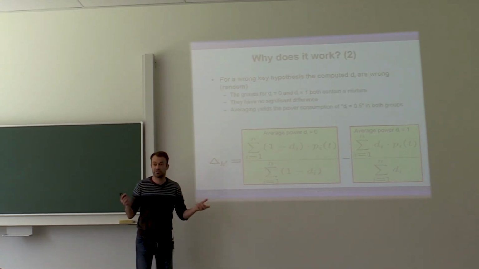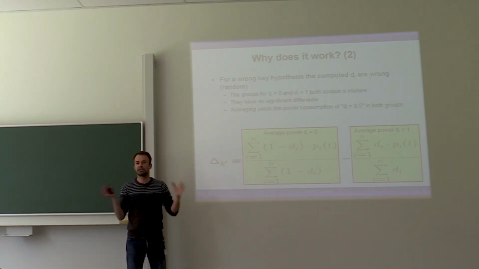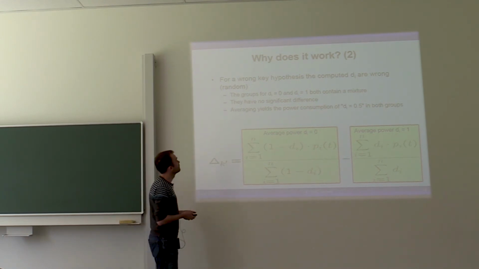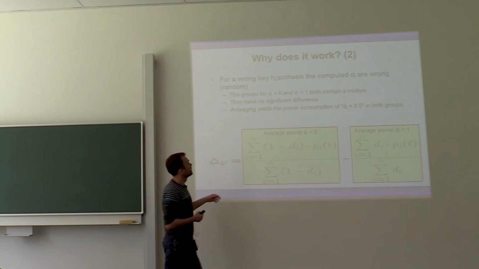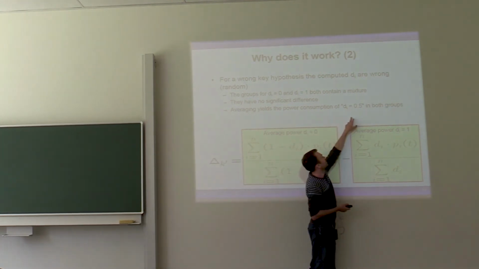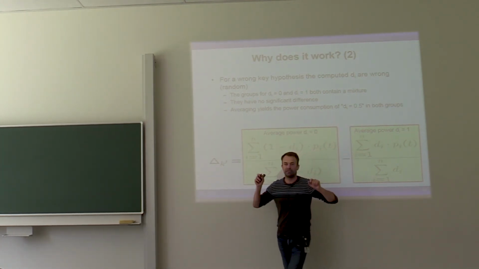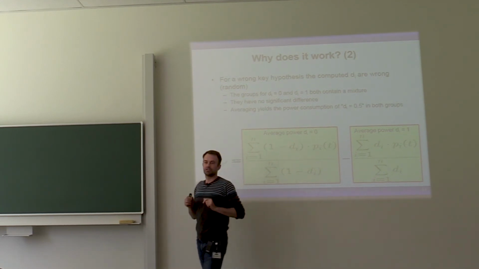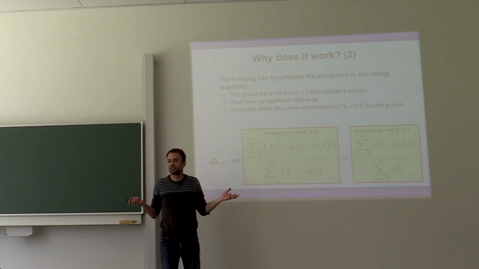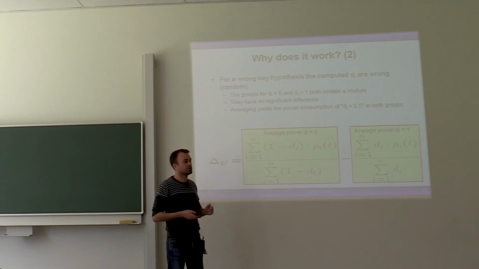If the guess is wrong, then we're basically shuffling these measurements together in some random way, and there will be no meaningful significant difference between them. They will both somehow contain 0.5 power consumption. So when we subtract them, nothing remains. That's why ideally this differential trace should be flat.